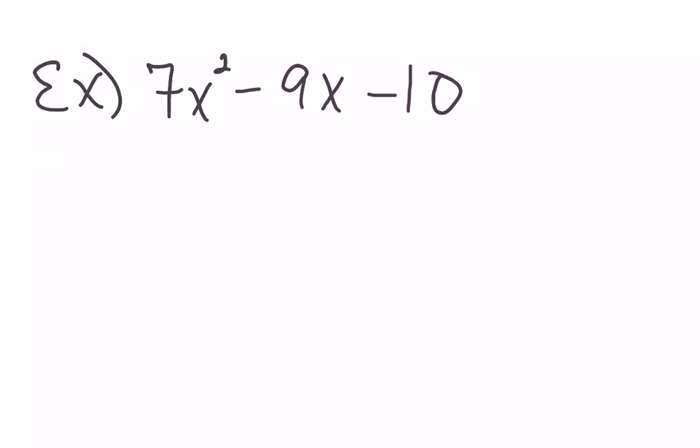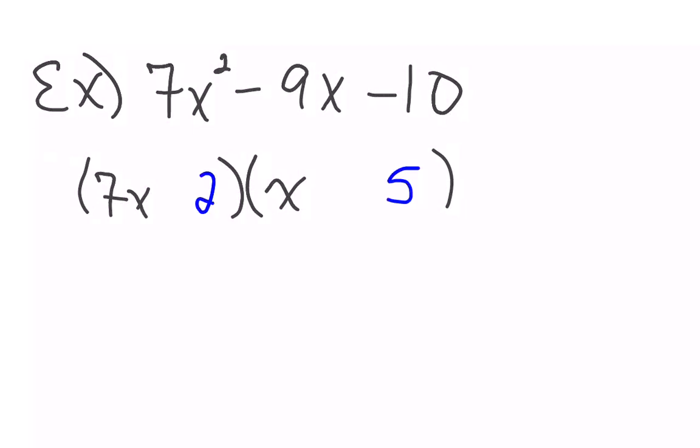Last example, we want to factor 7x squared minus 9x minus 10. 7's pretty easy. We know we have a 7x times x in the front, but in the back, 10 could be 1 times 10 or 2 times 5. Just depends. So let's look at 2 and 5 first.